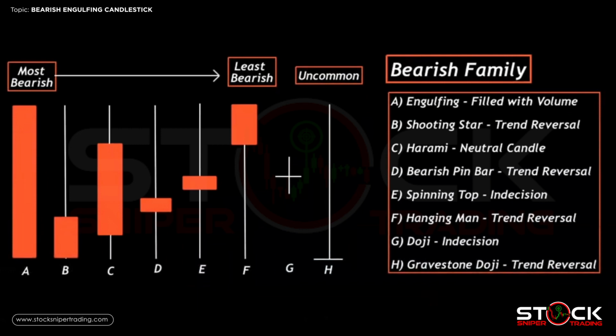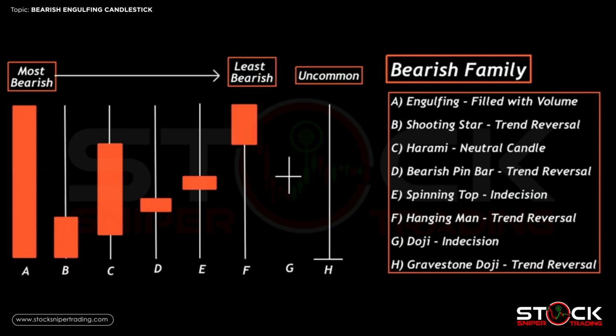This is our bearish family of candlesticks. From left to right, we have the most bearish to the least bearish, and we will be discussing all of these candlesticks throughout our next tutorials. We have our bearish engulfing candlestick, which is filled with bearish selling volume, which we just discussed. B is our shooting star, which is a trend reversal.